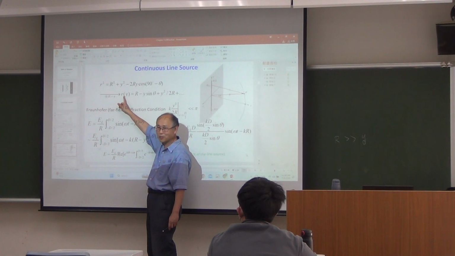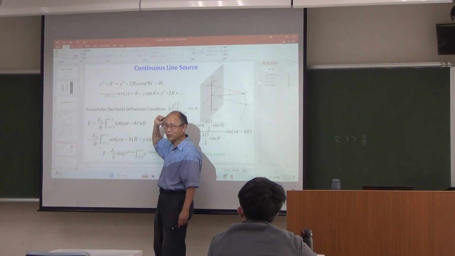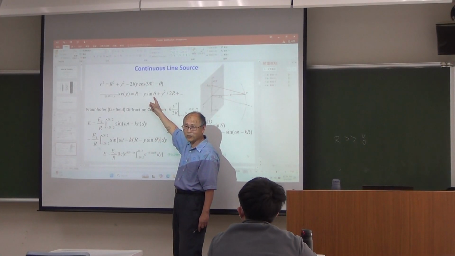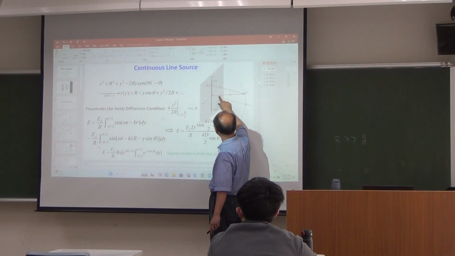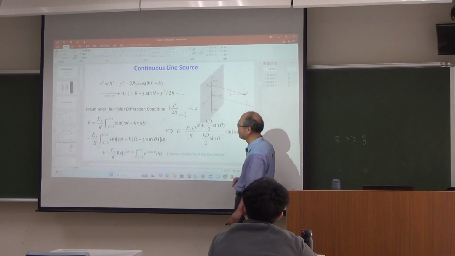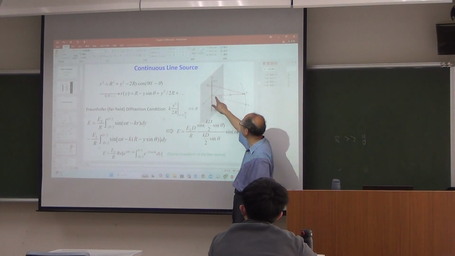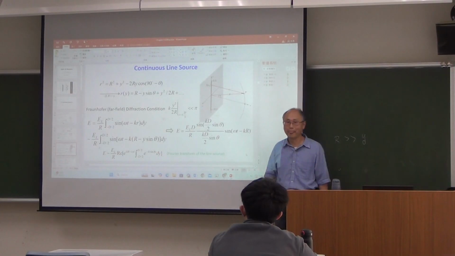Previously on the last page, this is R prime, this is R. We have linearization. Whether this is sine or cosine depends on the angle I define. I define this theta angle to be between R and this normal axis. Previously, the angle was defined here, so you get a cosine dependence.